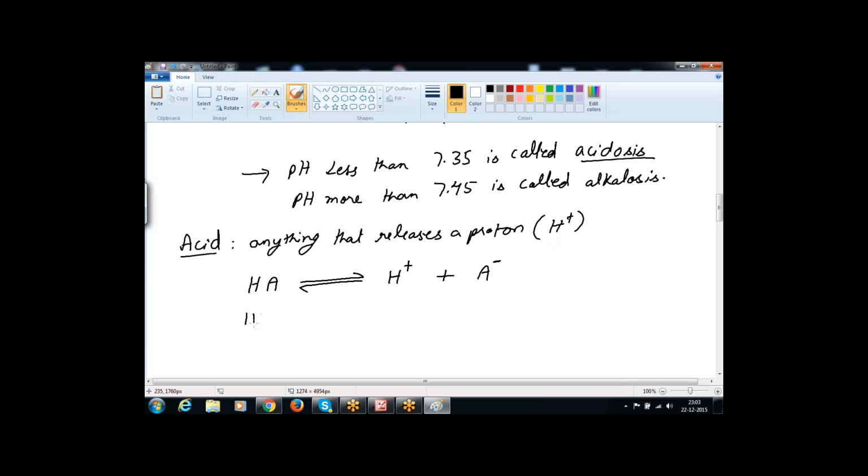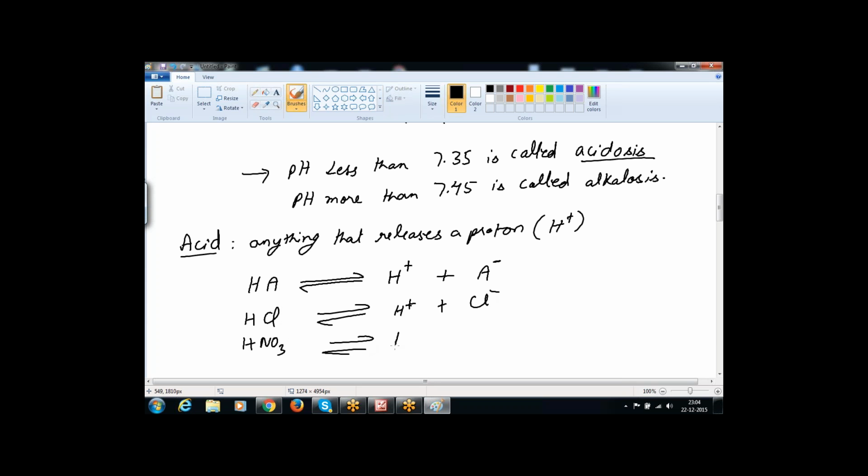So examples would be like HCl. Instead of A, there can be anything: HCl, H2SO4, H2CO3, HNO3. When HCl splits, it will release H positive and the other thing will become negative, Cl negative.